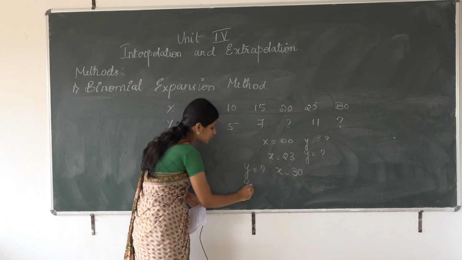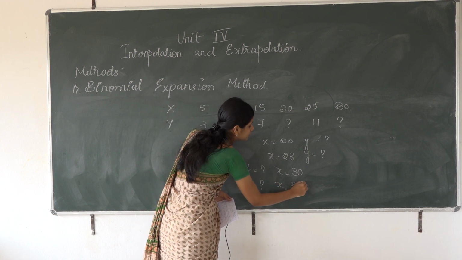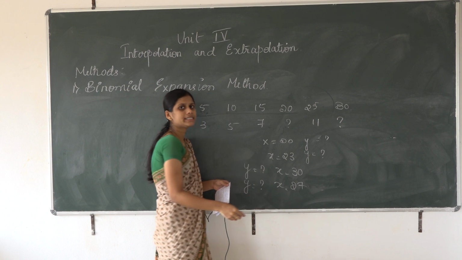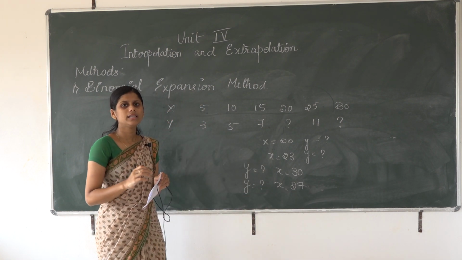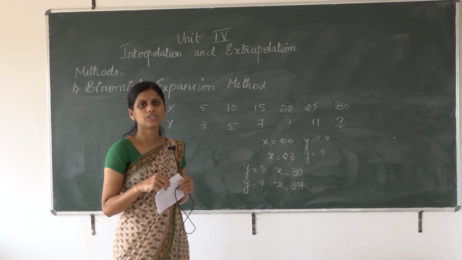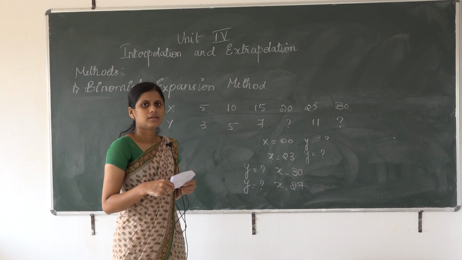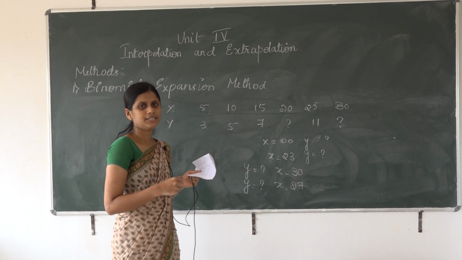But you can't extrapolate the value of y when x is equal to 27, because 27 is not one of the values of x. That's why this is the second condition which has to be fulfilled under the binomial expansion method. I hope you have understood this example with the condition.